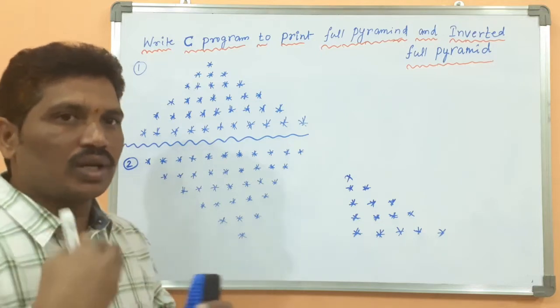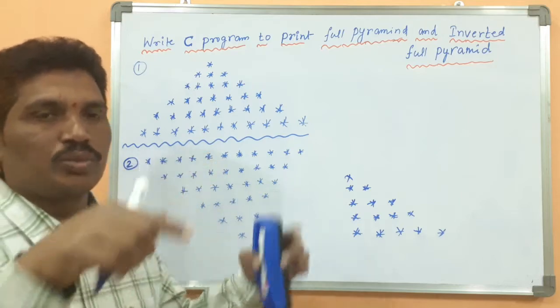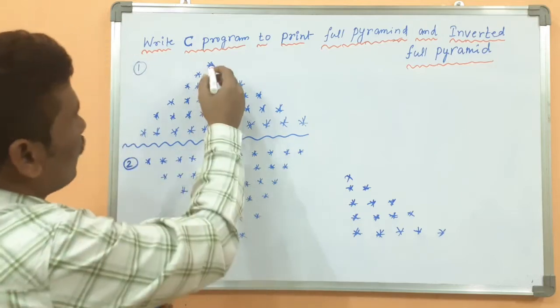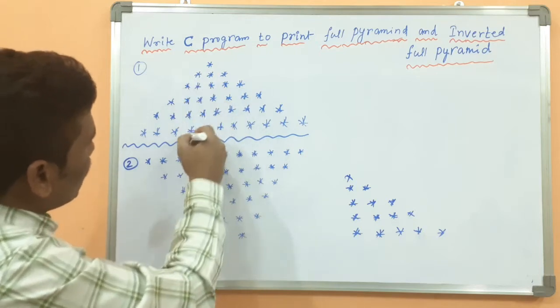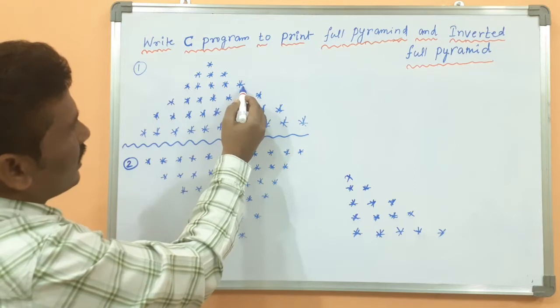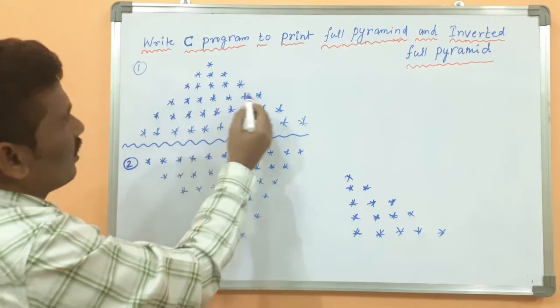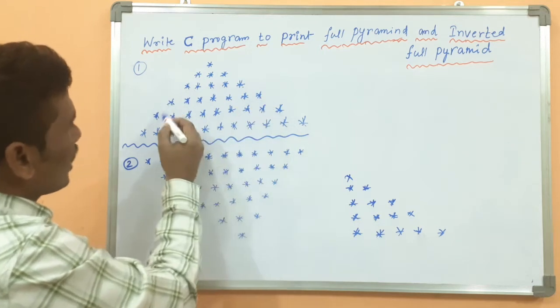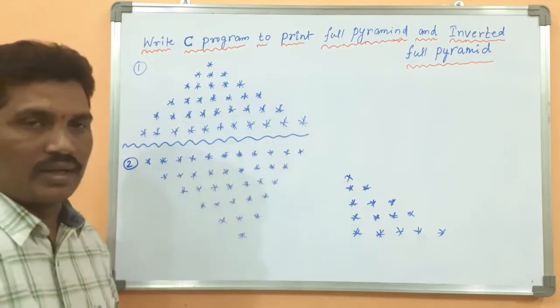First of all, if you want to write the program, you need to know how the stars should be printed. Look here: 1 will be added to the left and 1 will be added to the right. Here also, 1 will be added to the left and 1 to the right.